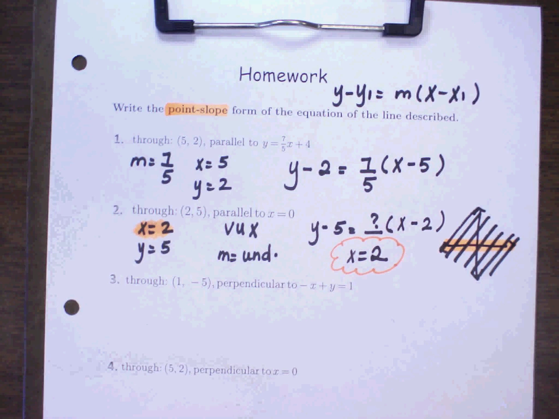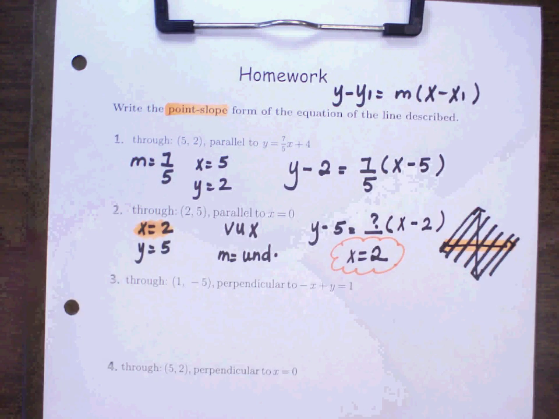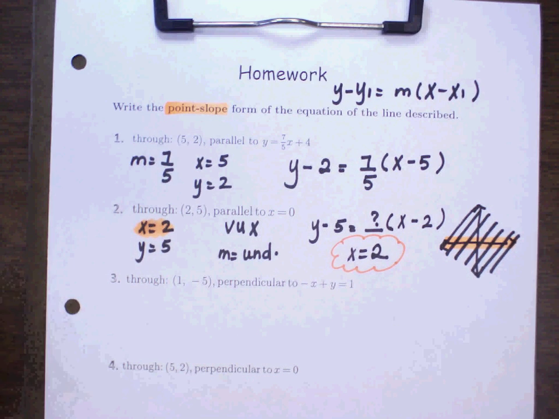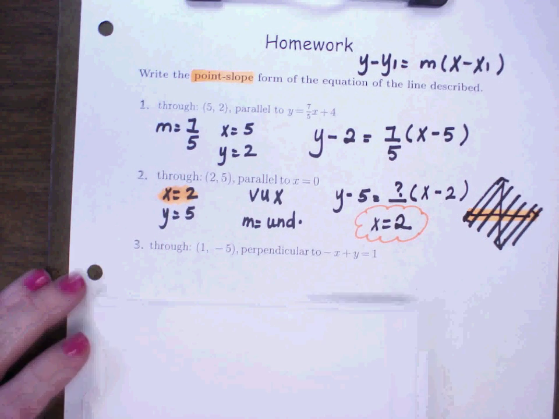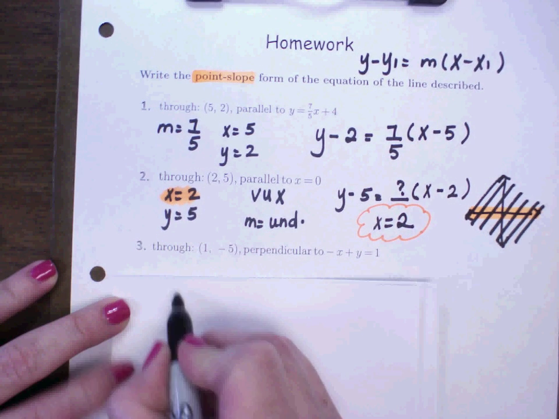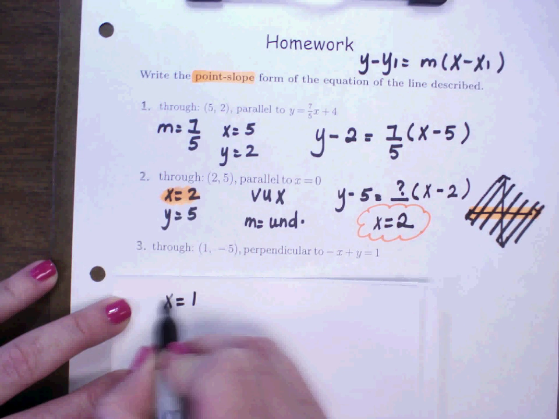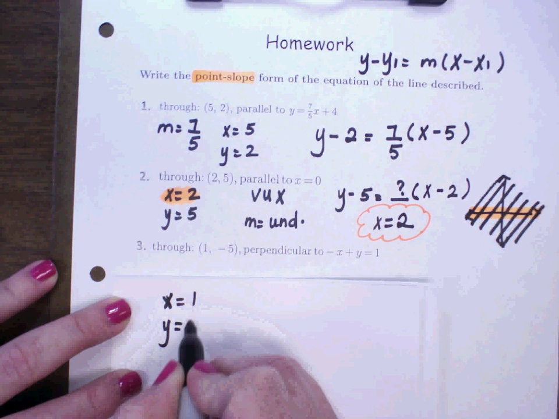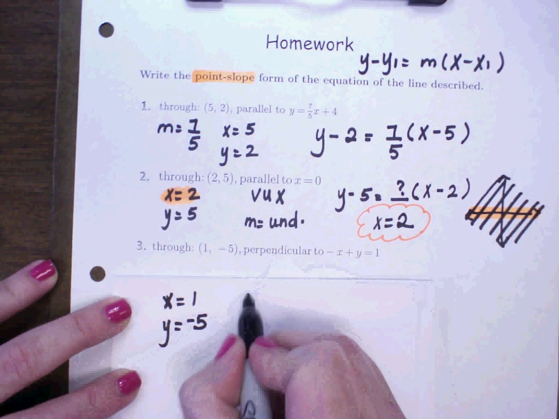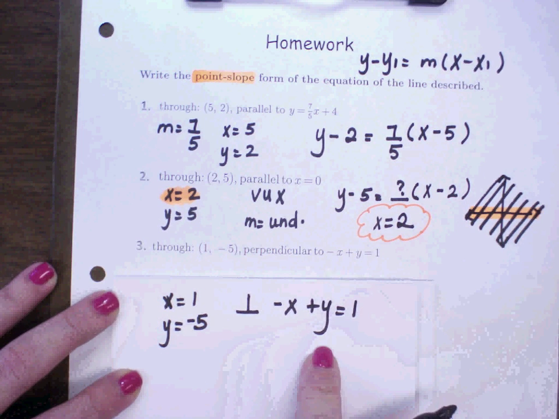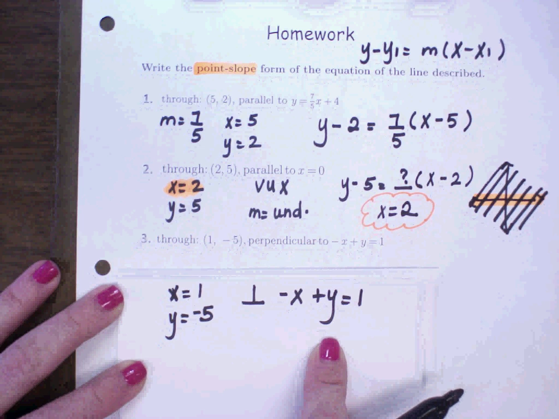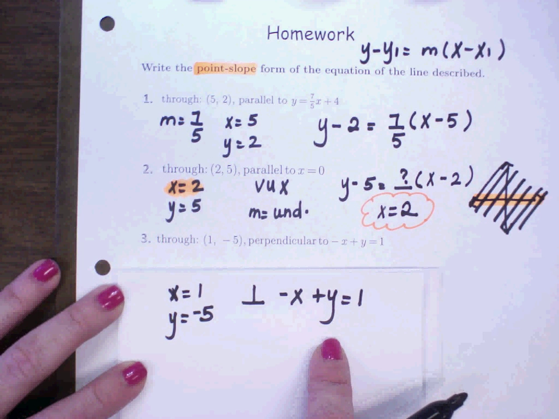All right, let's go to the next one. Let's go through 1 and -5, and it's perpendicular. I know that the x equals 1 and the y equals -5, but it's perpendicular to -x plus y equals 1. Do you know the slope of that one? I don't know it yet. Which means I have to do what?